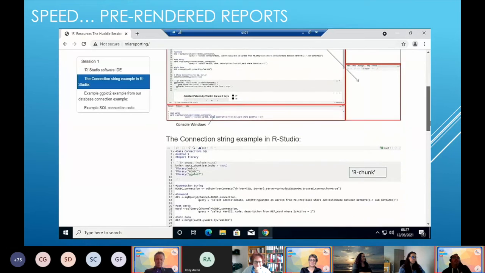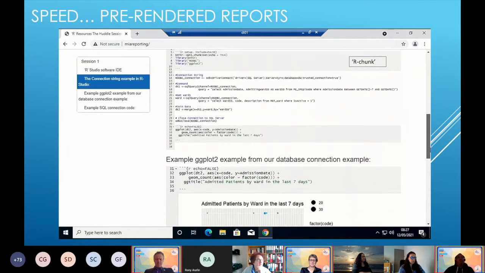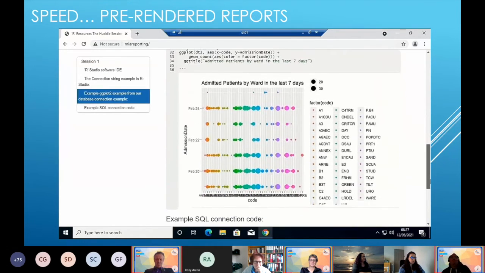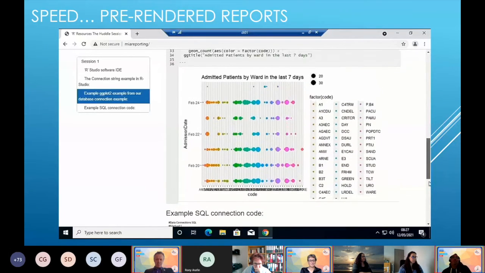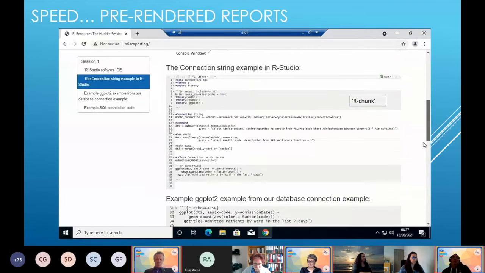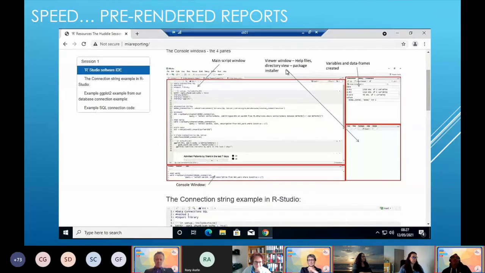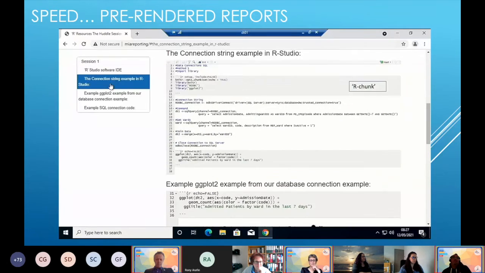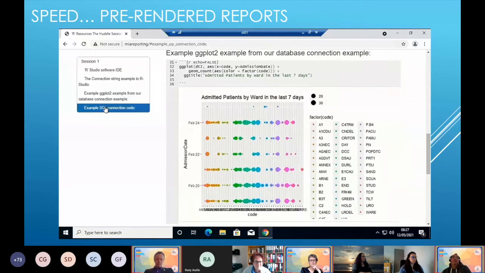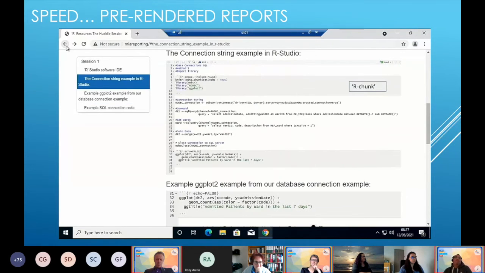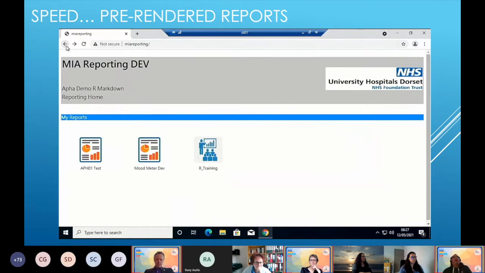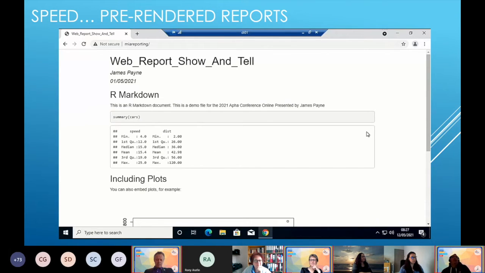That's a training thing that I did for a couple of years, about a year and a half ago for the department, just to give a demonstration of what R Markdown, the ggplot, can do. And then the Hello World version of R Markdown is the cars data set.